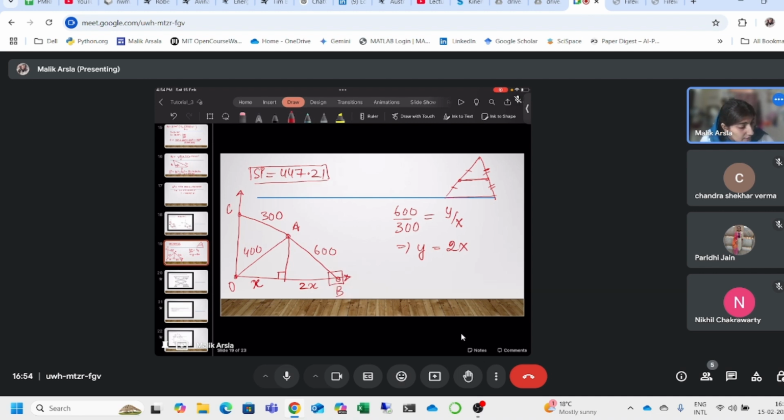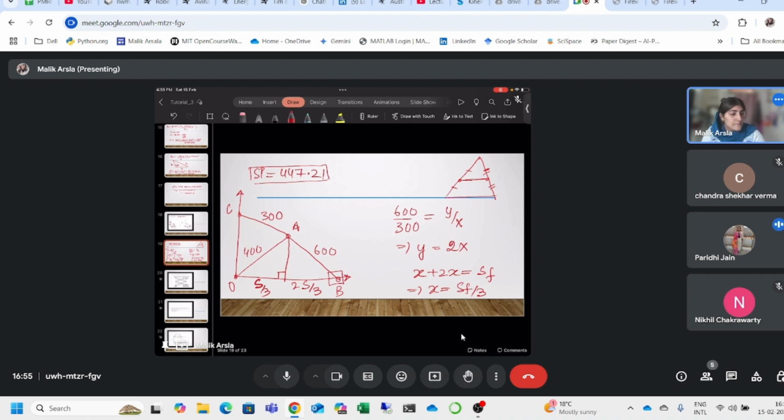So x plus 2x is equal to S final, which implies x is equal to S final by 3. So here this length is S by 3 because it is x, and the other will be 2S by 3. Any doubt till here?